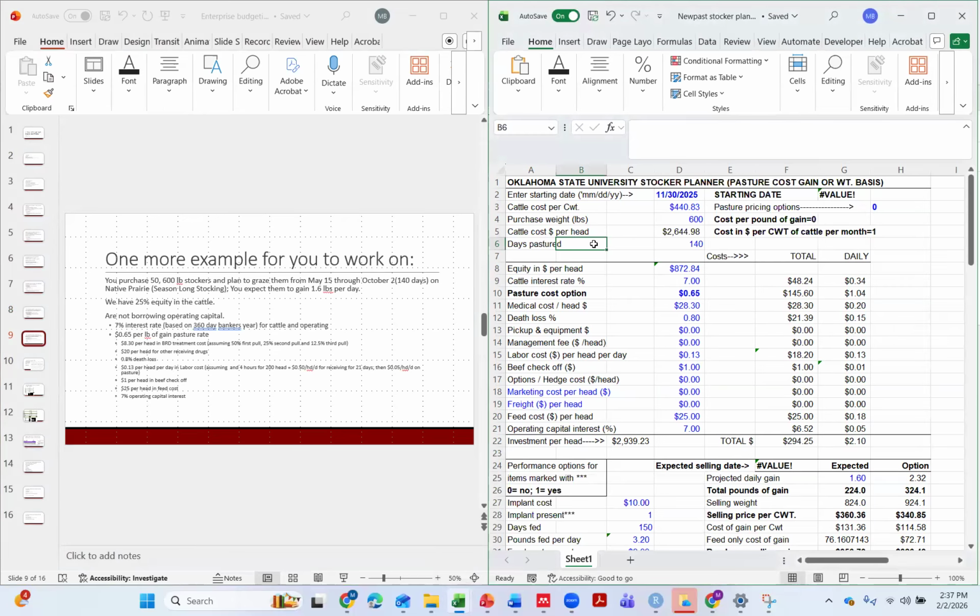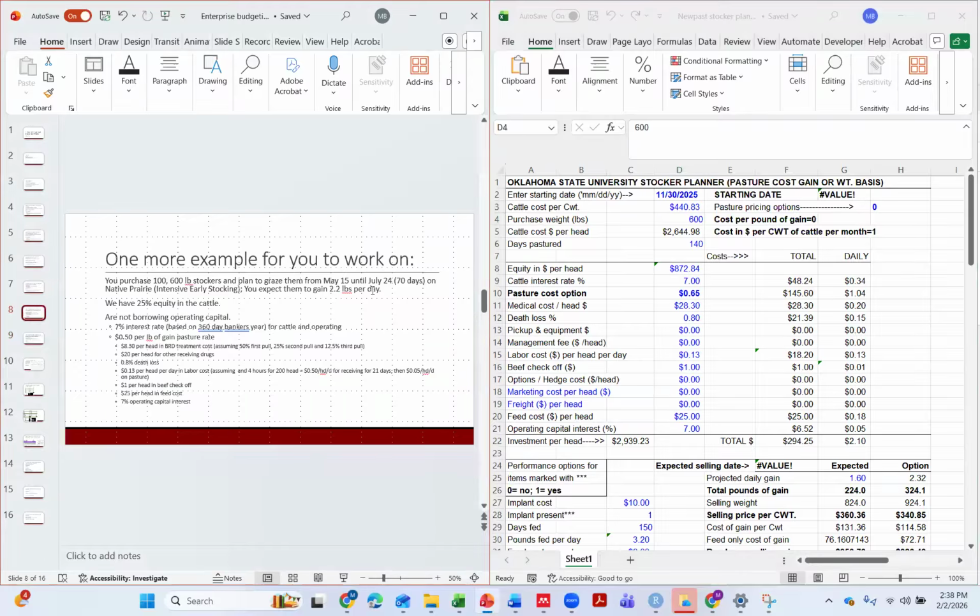Here we go. Our purchase price is not changing, it's still 440.83. Purchase weight's not changing, it's still 600. The difference is we are now stocking for half the time, so 70 days.